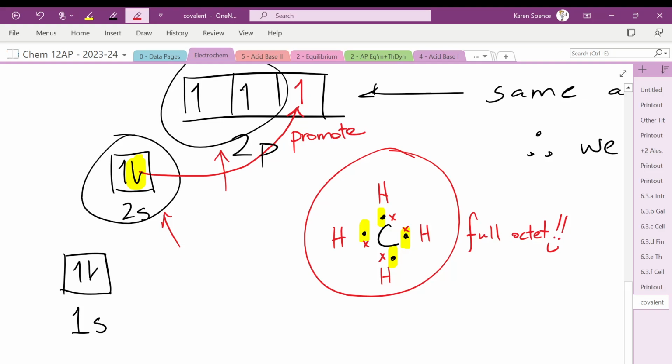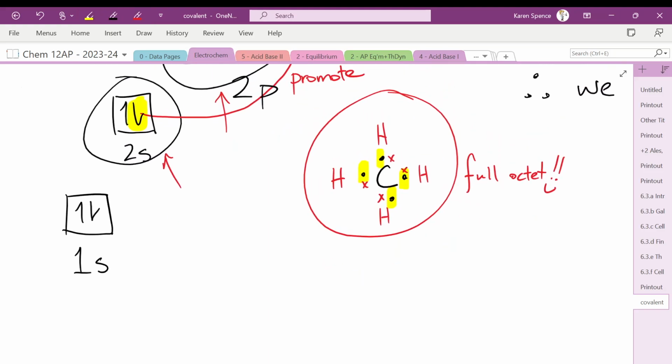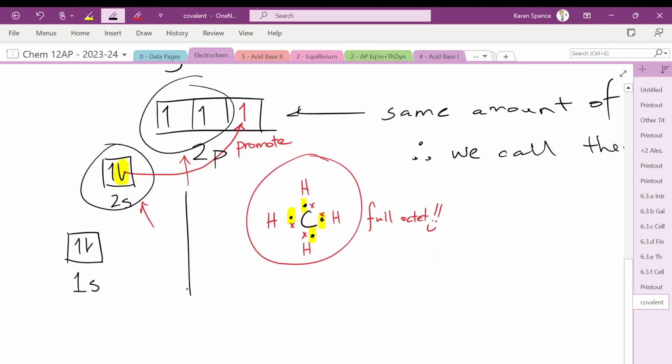So what are we going to do? We're going to take this electron here, and instead of having it be paired up, we are going to promote it. So now instead of having what we had before, we have the 2s. I'm going to ignore the 1s because those are core electrons. They're not involved in bonding. We have the 2s. And then we have the 2p, which is lovely.